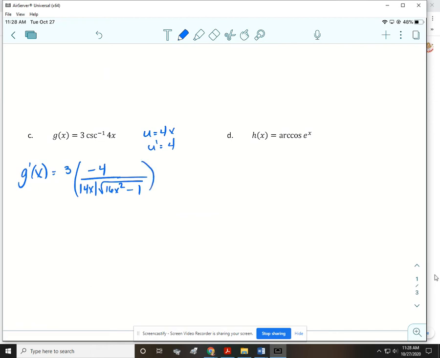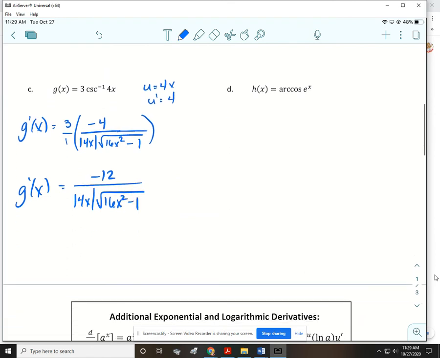All right, then we'll go ahead and multiply 3 times the negative 4, because this is like 3 over 1. All right, now we can simplify one more time.